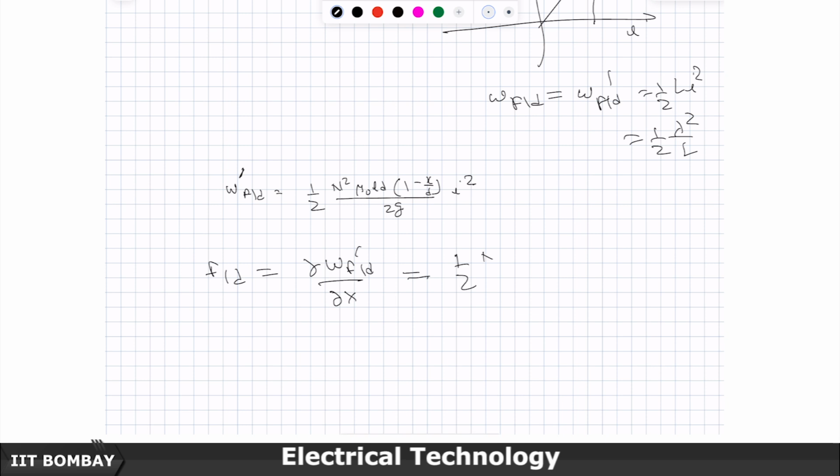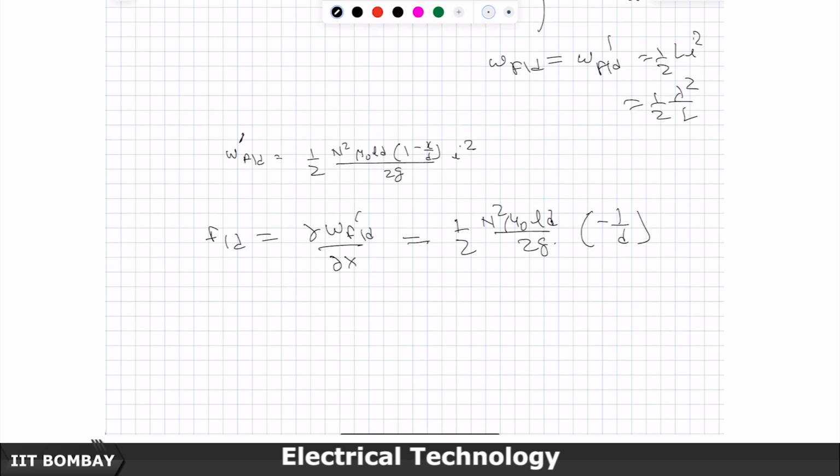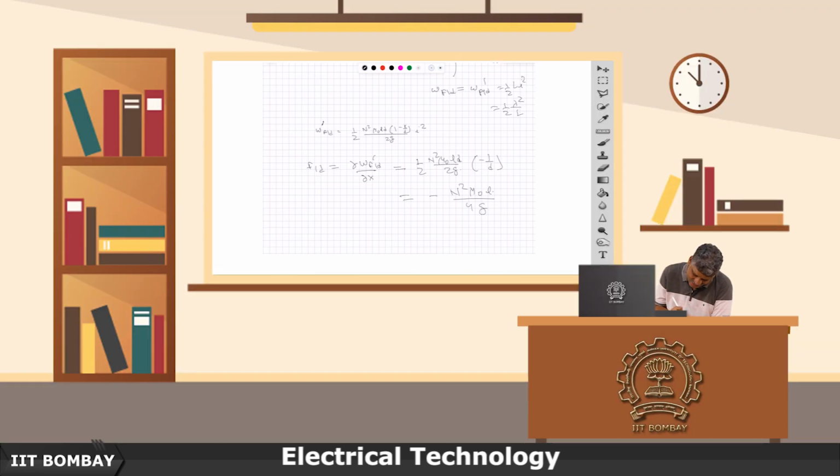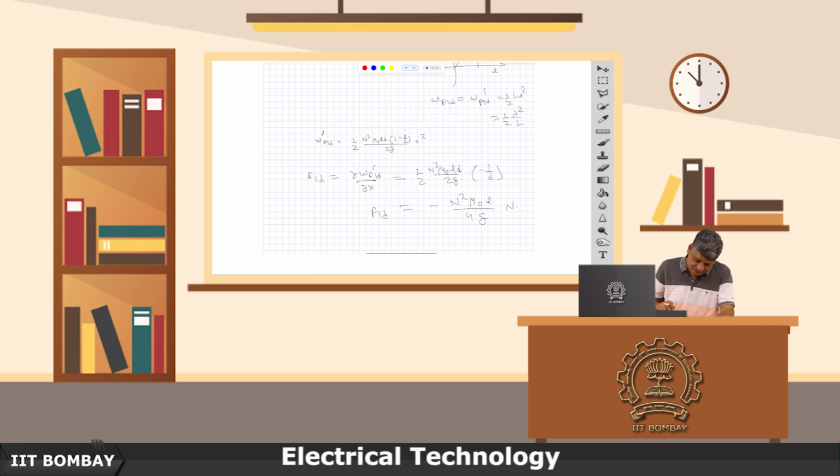Half of n square mu 0 l d by 2g into 1, the partial derivative with x will be 0, and minus of x by d, the partial derivative with x will be minus 1 by d. So, therefore, minus of n square mu 0 l by 4g newtons. So now it is clear to you, minus is automatically coming here. So, you do not need another minus sitting here.